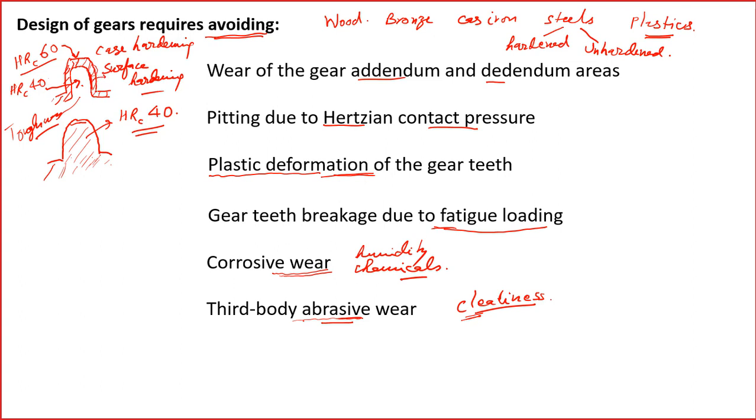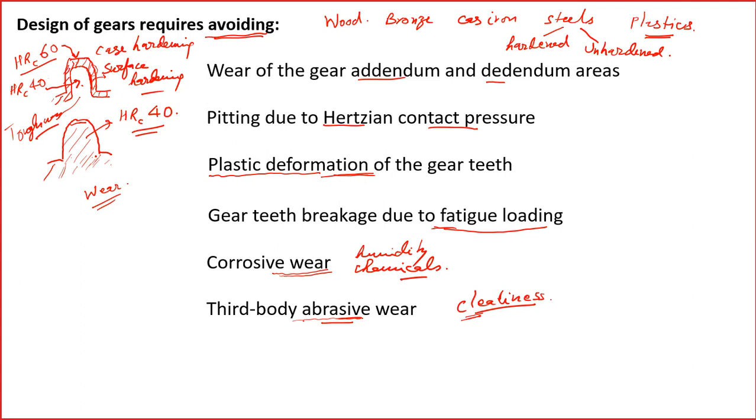Once this fragment of the case is removed, it will act as a third body and wear will take place. So wear will become very high if the case fails. That is very important: the alignment is important and there should not be impact loading.